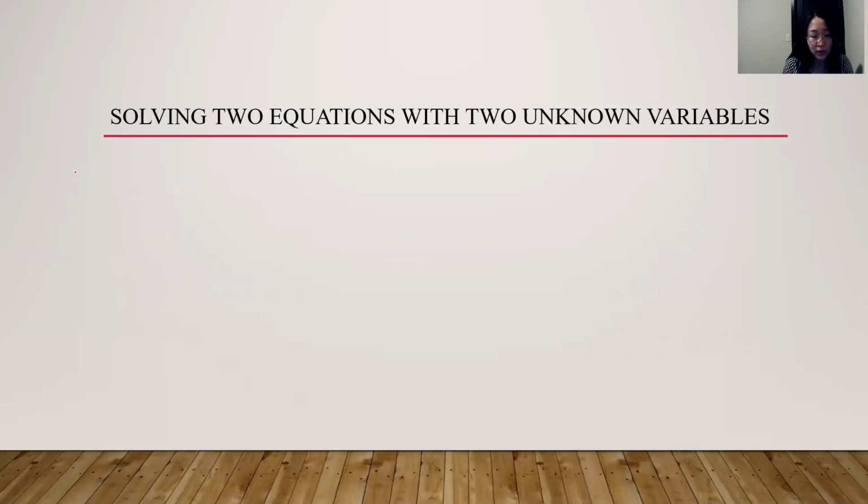The second special case, those two equations do not have any solution. Let's look at one example. So again, we take those 3 steps.